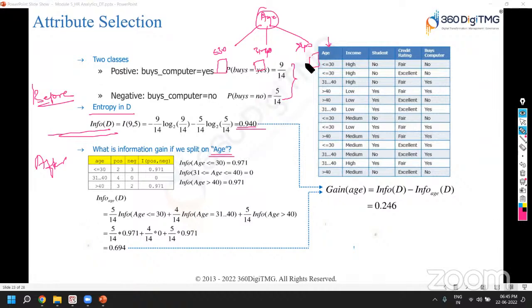And when you look at less than or equal to 30, you have 5 observations which specifically fall under this group.